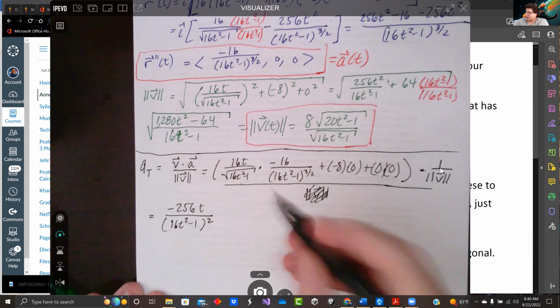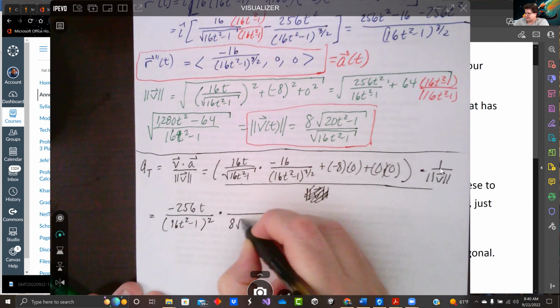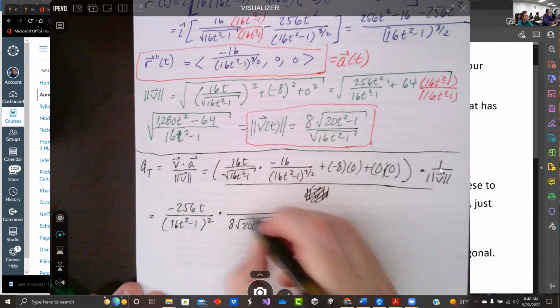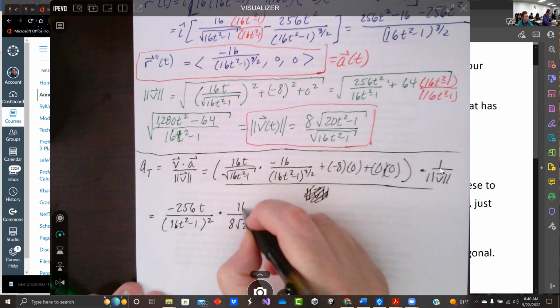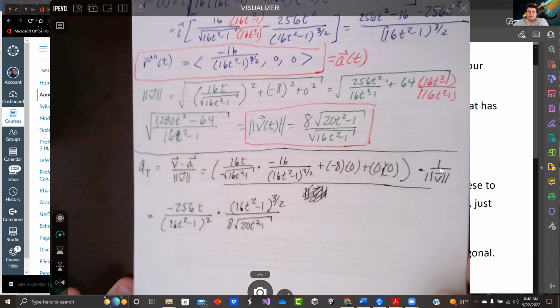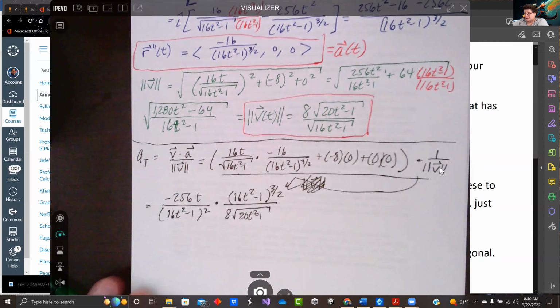Let's do that here. I'll multiply by the reciprocal of v here. The 8 root 20t squared minus 1 goes on bottom. 3 halves goes on top. That's my 1 over v right there.